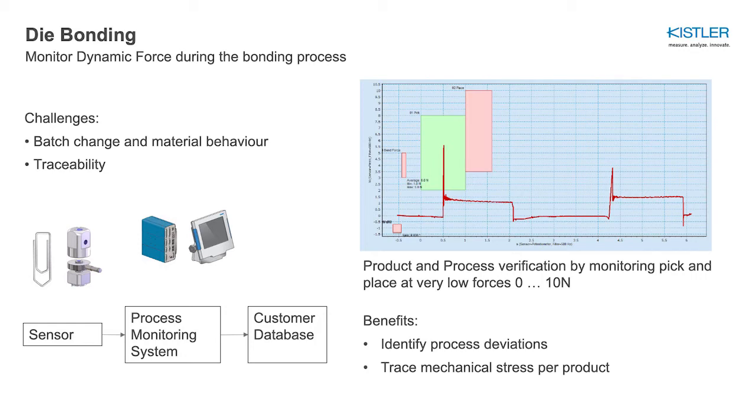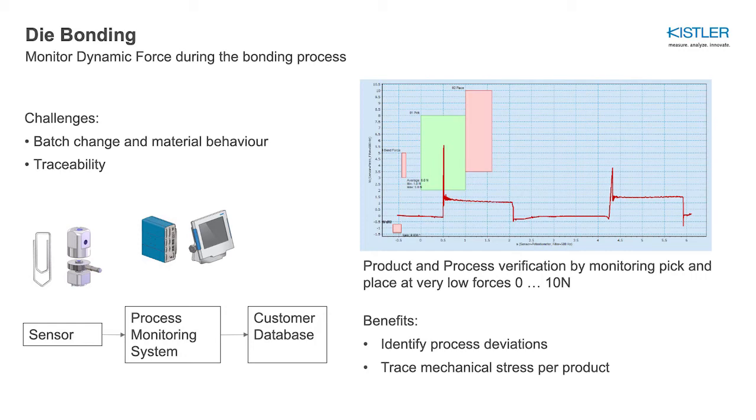The customer is now able to measure exactly the mechanical stress which is applied on the die per pick and place operation. As you can see from the graph, he is monitoring maximum and minimum force values applied to every die.